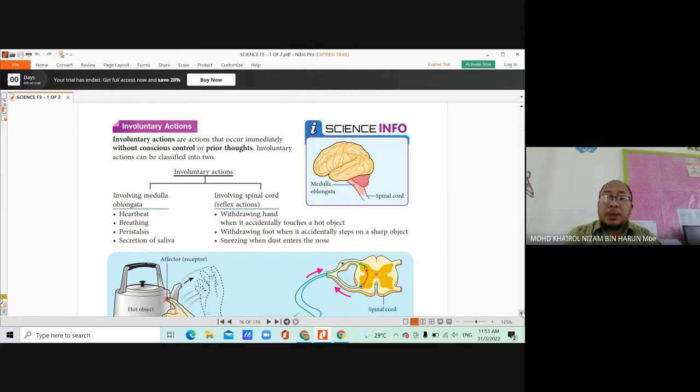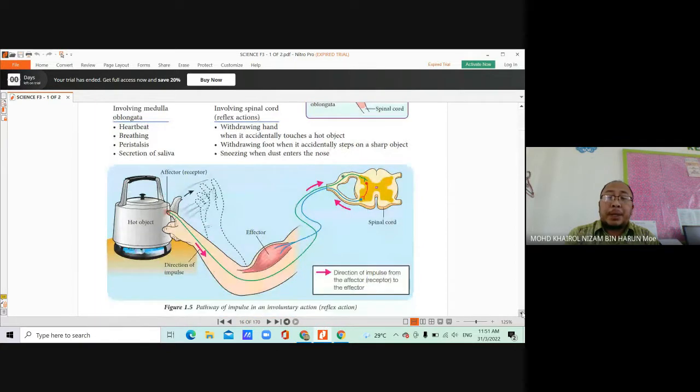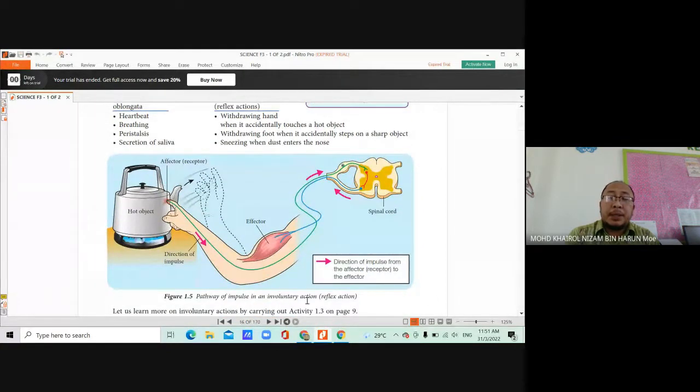Now we look into the pathway of impulse in an involuntary action. We call it a reflex action. For example, when our hand as a receptor touches a hot object, what you will feel is hotness.